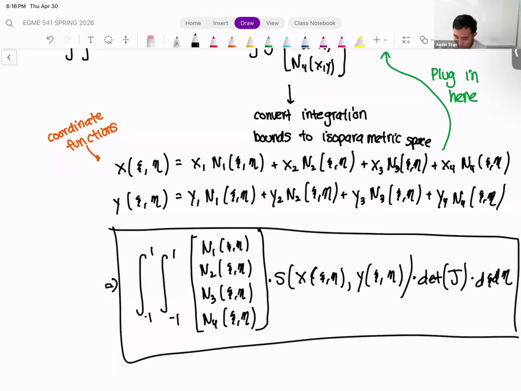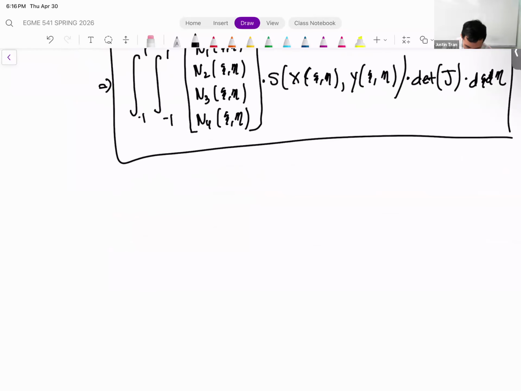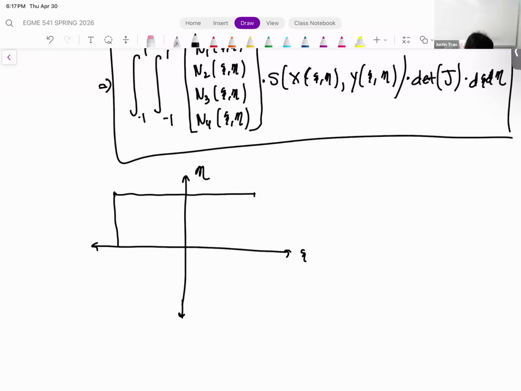I think it was quite a while ago. We definitely haven't written them today. And so, remember, we're working in an isoparametric space here. So we're looking at epsilon and eta space. And we've established that in the isoparametric space, we're going between -1 and 1. So our element itself looks like this.